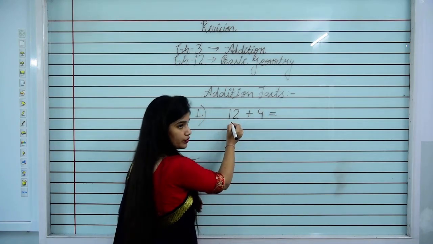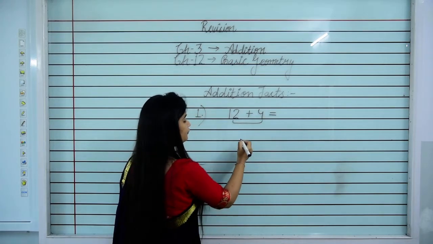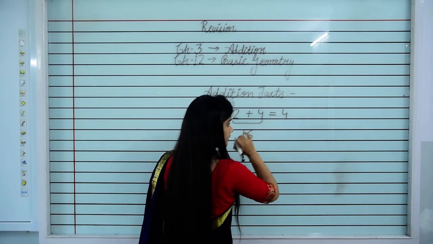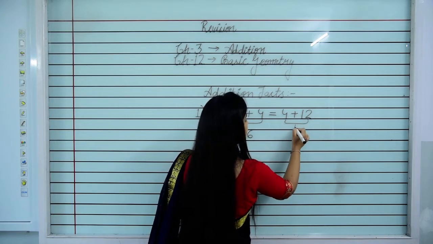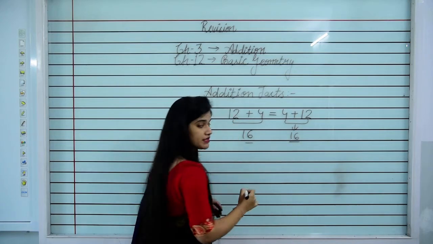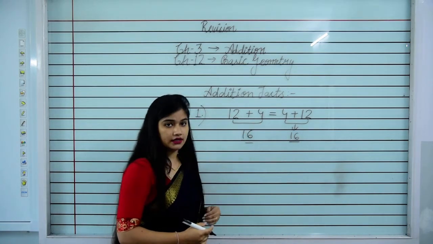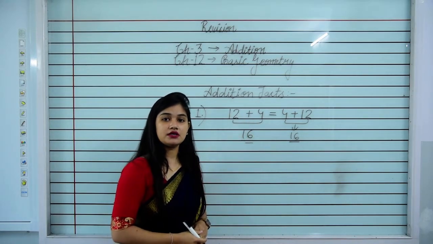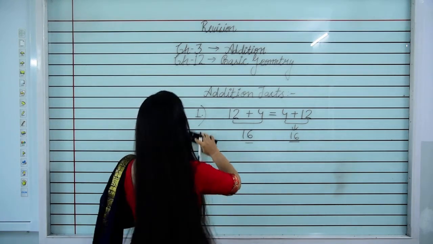First I take 12 and then next I am taking 4, and the addition of 12 and 4 will be 16. But if I take 4 first and then the next number I am taking 12, again the addition will be 16. It means I am getting the same result. It means we can say we can add the numbers in any order, their sum will remain the same. This is the first addition fact. Now we move to the second one.